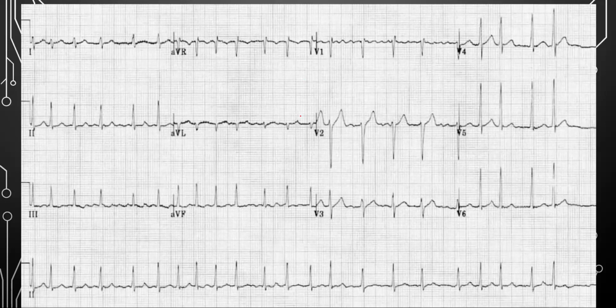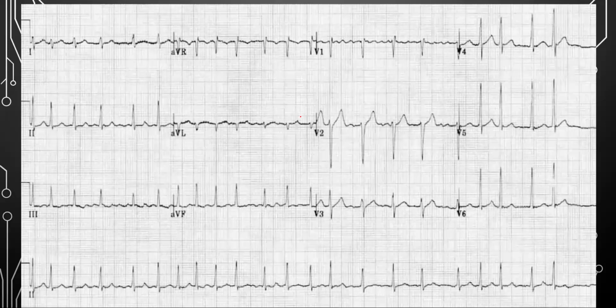Examiner, I think that the patient is currently suffering from atrial flutter. Basing on the ECG, the rate is above the normal, which is about 150 beats per minute, and it is irregular. And there are no P waves, and the QRS is narrow.